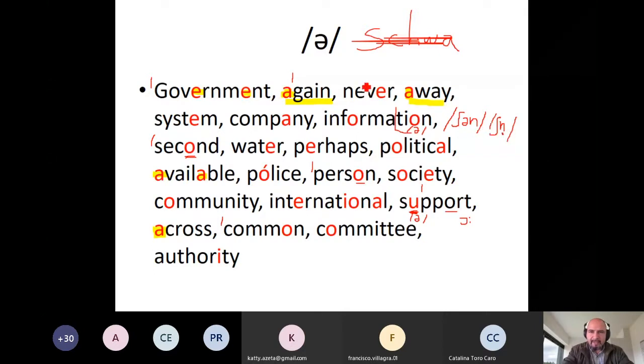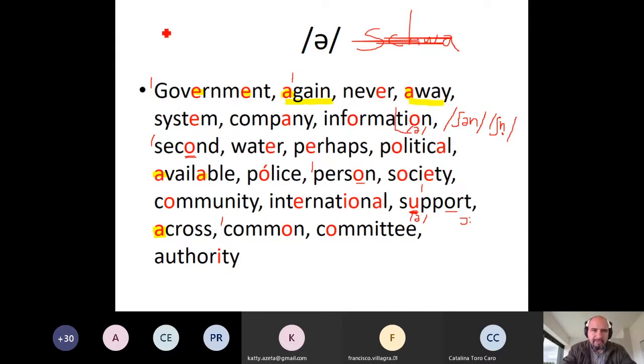And then we have a syllabic consonant here that we're going to discuss later. But I want you to keep in mind that this is a very lax sound, mid-central, present in almost every single word which contains two syllables or more.